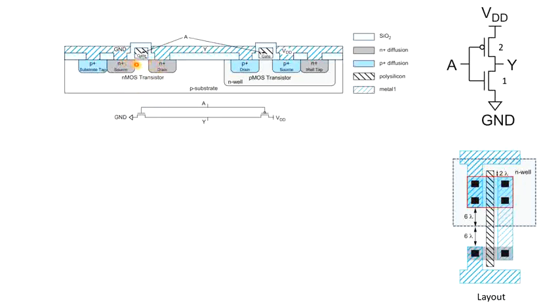For N channel, we have these N plus diffusions. Then we have the polysilicon gate crossing from the P channel to the N channel, forming here the P MOSFET and here the N MOSFET. So the same polysilicon gate line has been used here.